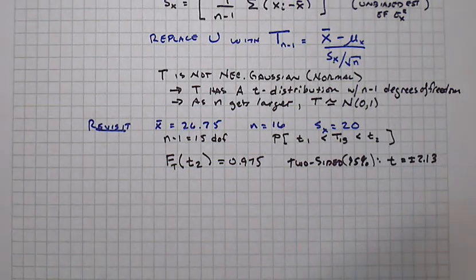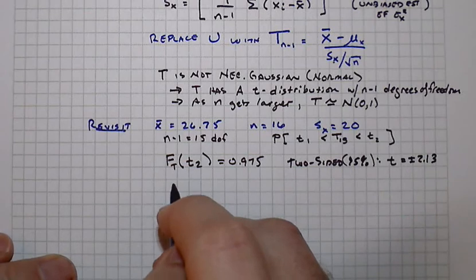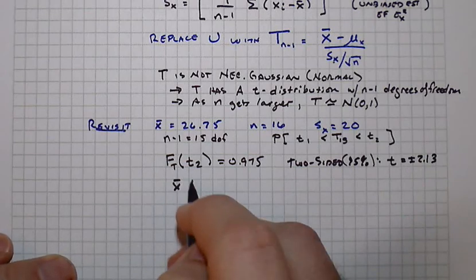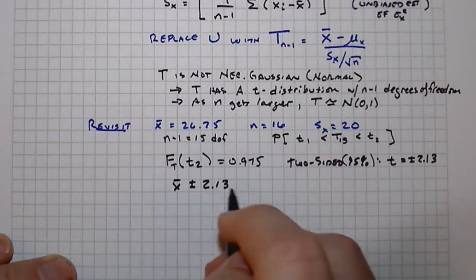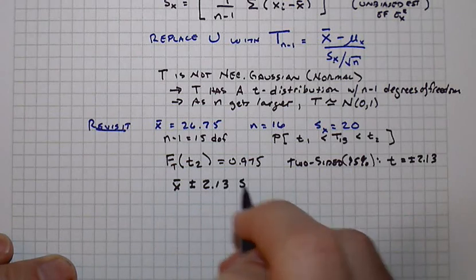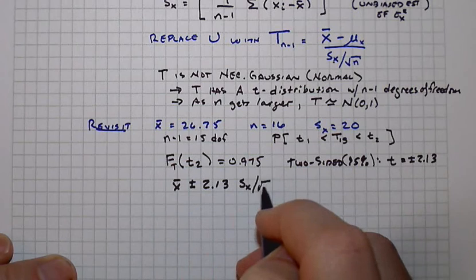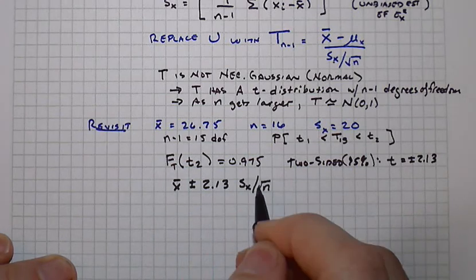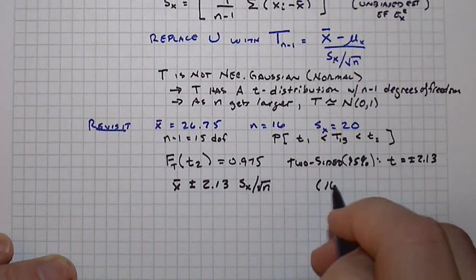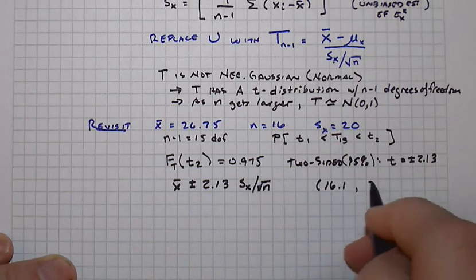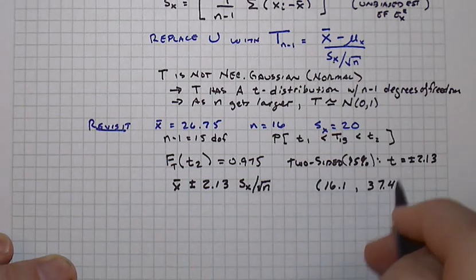Okay, and so our interval will be x bar plus or minus 2.13 times our sample standard deviation divided by the square root of n, not n minus 1, but of n. Right, and that will give us an interval of 16.1 to 37.4.